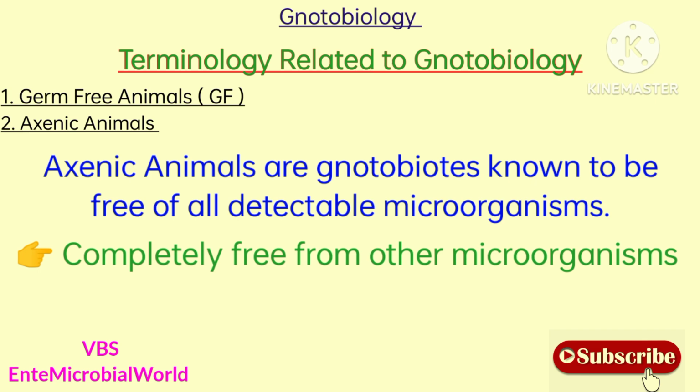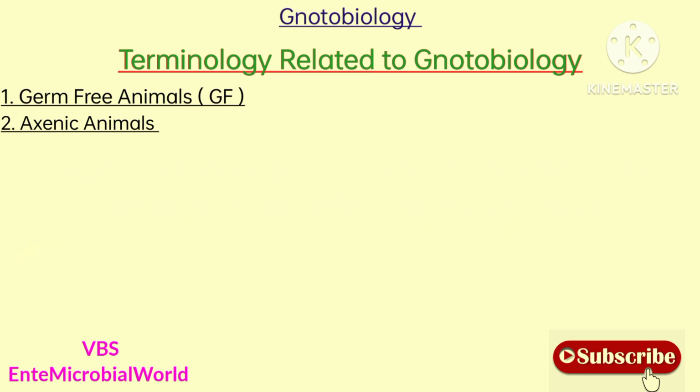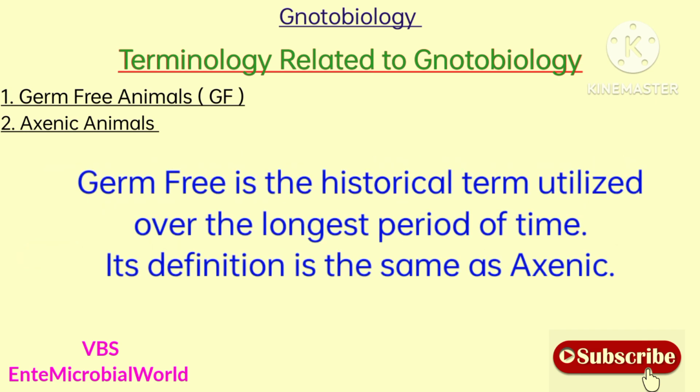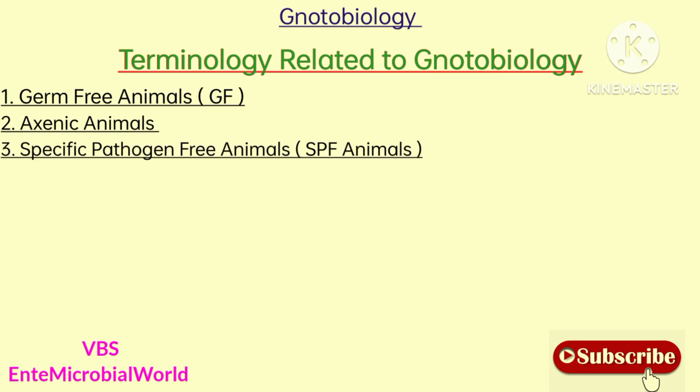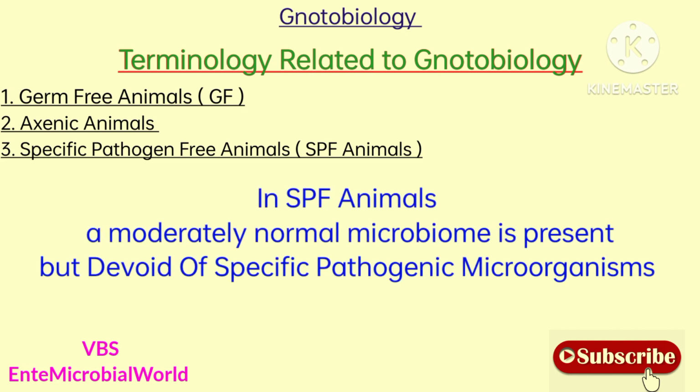Here, we should note one important point, that is, germ-free is the historical term utilized over the longest period of time. Its definition is the same as axenic. Specific pathogen-free animals. In specific pathogen-free animals, a moderately normal microbiome is present, but devoid of specific pathogenic microorganisms.